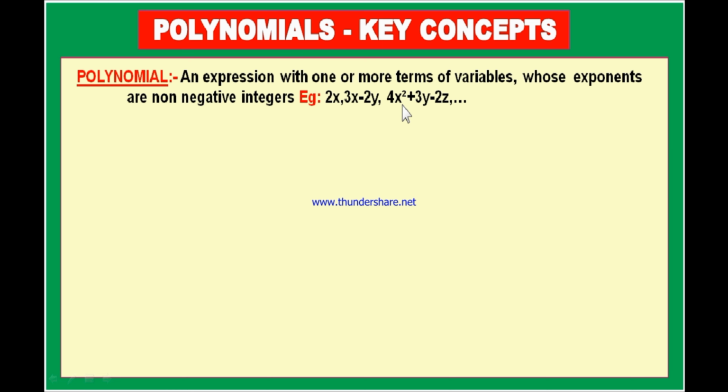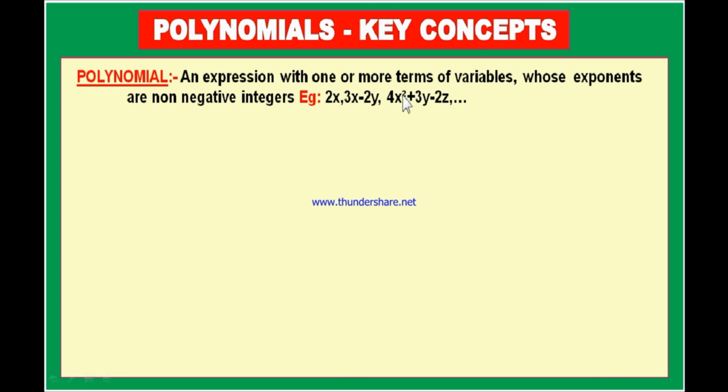And in the third case, 4x square plus 3y minus 2z. How many variables can you find in this example? You can find three variables, x, y and z. Out of the three variables, the first variable is x. And what is its exponent?